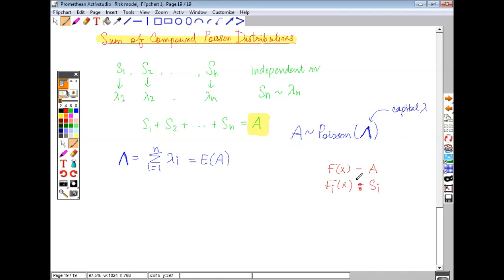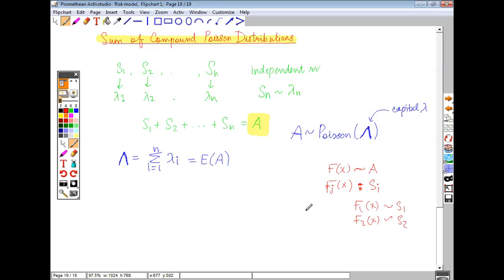So let's say if I'm saying f1x, that is the distribution of S1, and your S2 follows f2x. But your A follows fx.